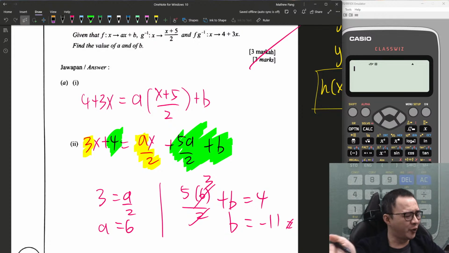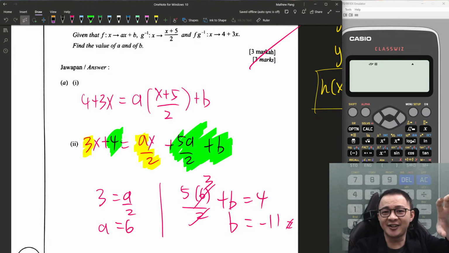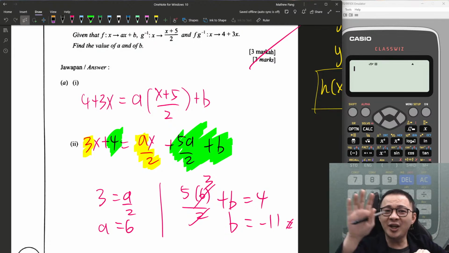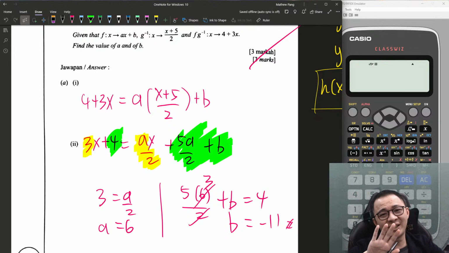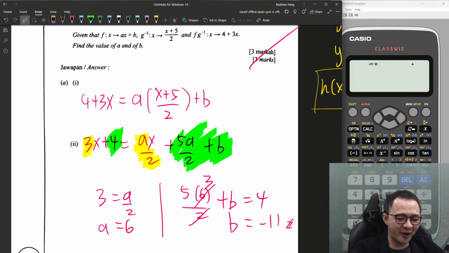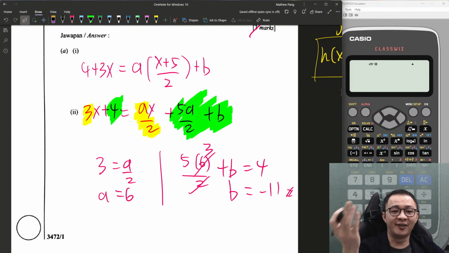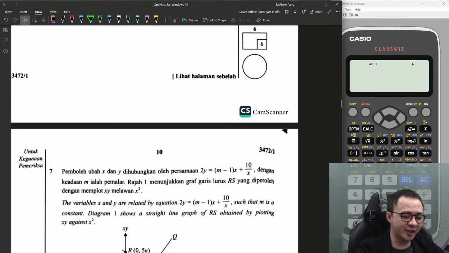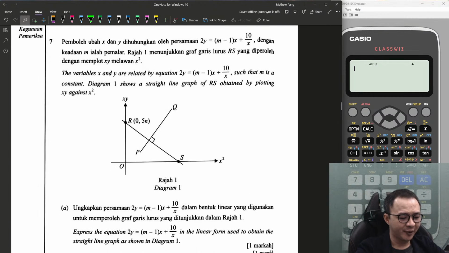Sometimes I will group them, like those with a surd and those without a surd. Then I will separate them and do the comparing. The comparing method is very useful at a higher level, because you will not always get so many equations, so you will always need to use comparing.